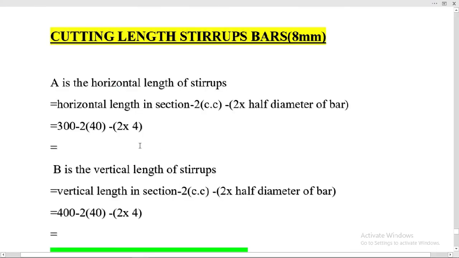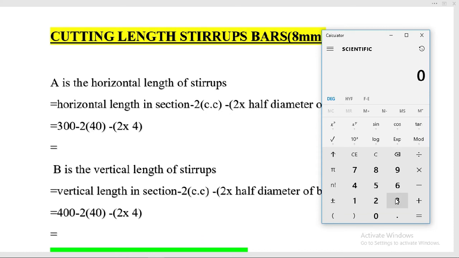Now let me calculate the A horizontal length of the stirrups on the calculator. We have 300 horizontal length in this section, 300 minus 2 into concrete cover, 40 into 2, 80, minus 80, 220, minus 2 into 4, 8, minus 8, 212 millimeter.